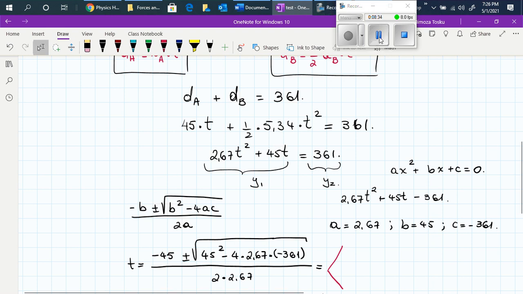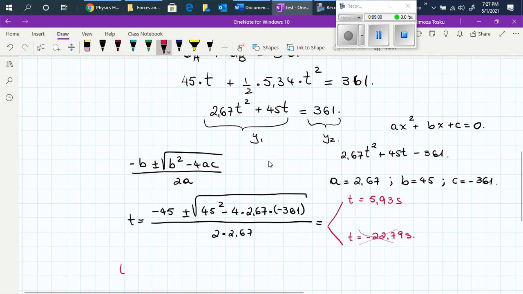The positive one is t equals 5.93 seconds, and the negative one is negative 22.79 seconds. However, we cannot have a negative time, so this is a non-permissible value. Therefore, the time that each of those cars has to travel is 5.93 seconds.